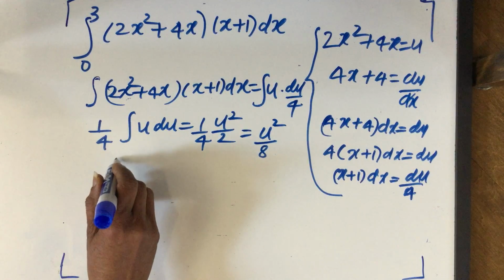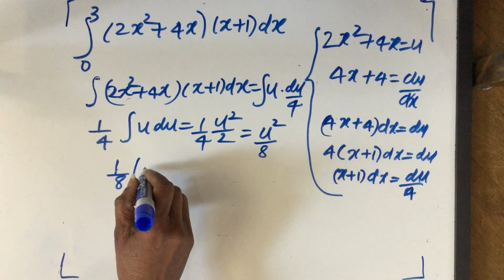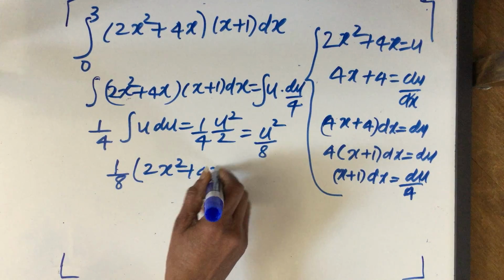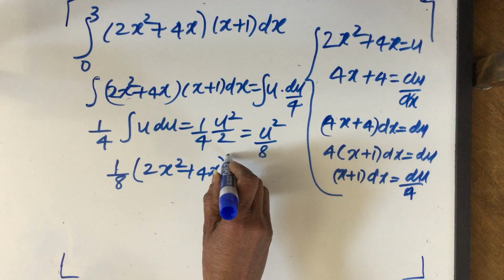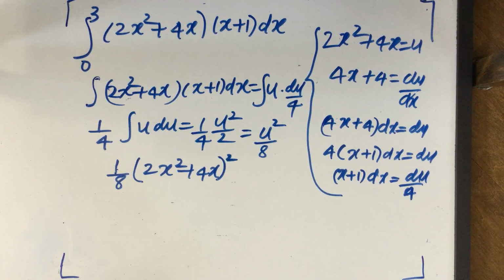Now you are going to plug in the value of u, which is 1 by 8, 2x square plus 4x to the power 2. Now you don't need to put the limit of integration. You don't need to put the constant of integration here because it is going to become 0 later. So just leave it as it is.